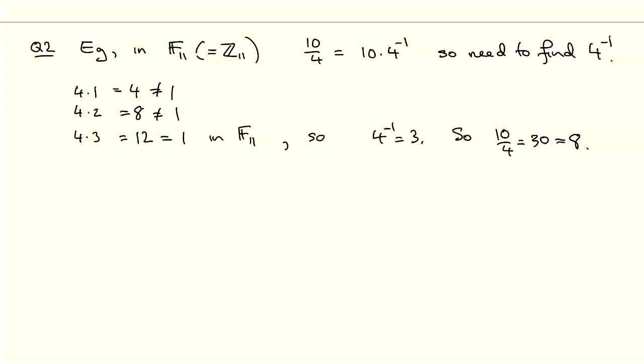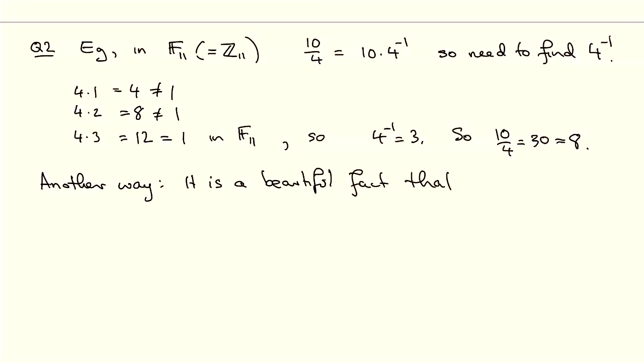Okay, so a more direct way or something. It is a really beautiful fact that a to the p equals a for all a in Fp, which is also Zp, remember. Okay, so that's called Fermat's little theorem.